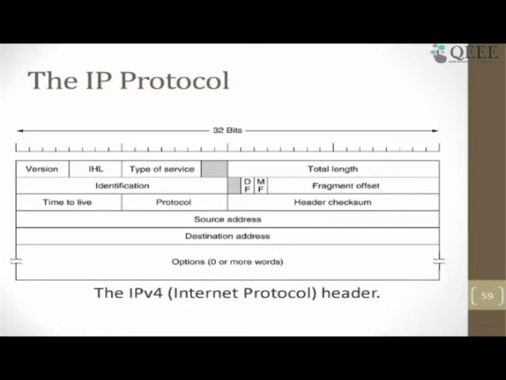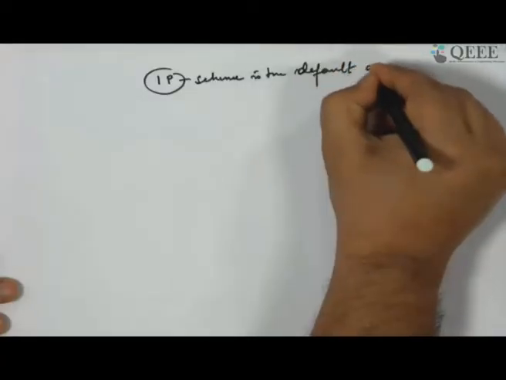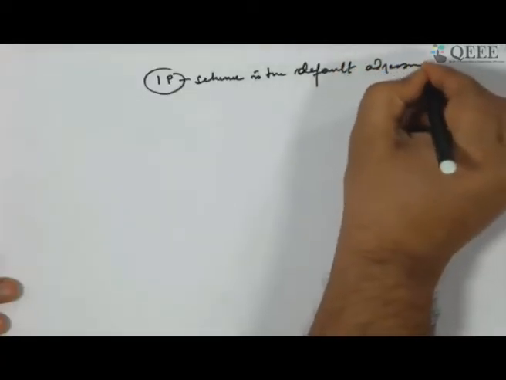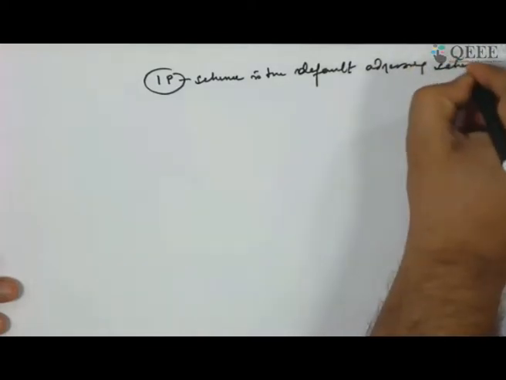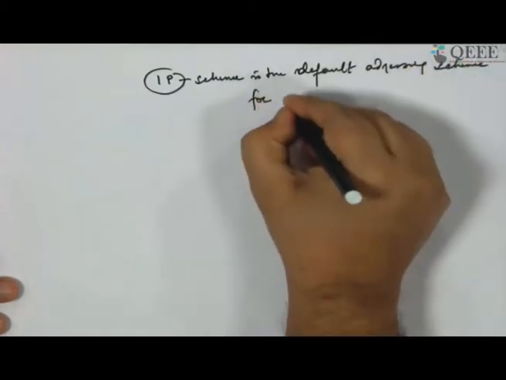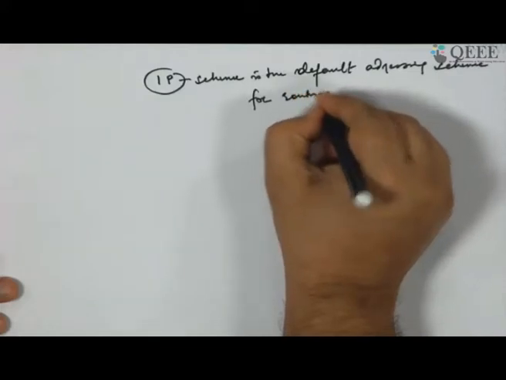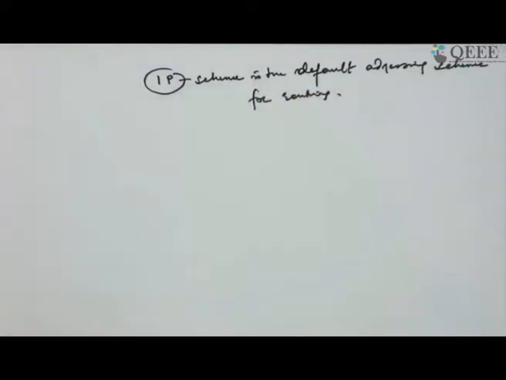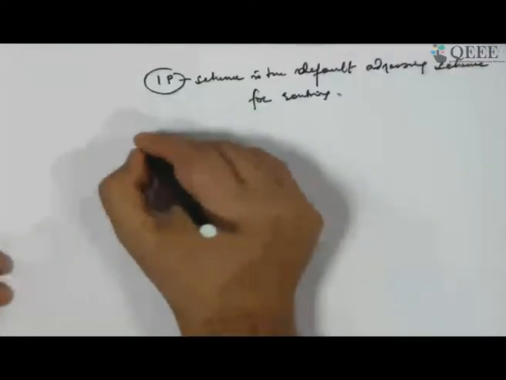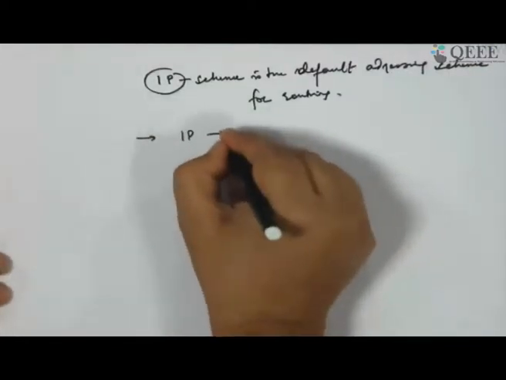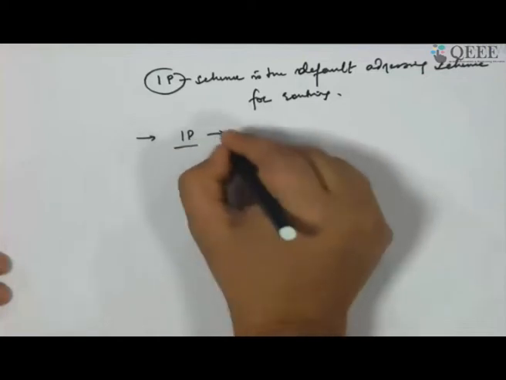Coming back to IP. What we know now is that the IP scheme is the default addressing scheme for routing. And what is an IP address?